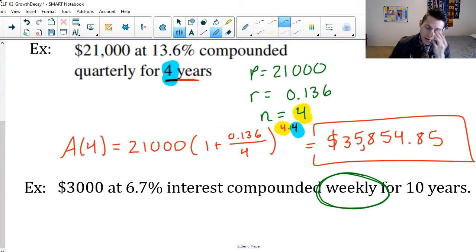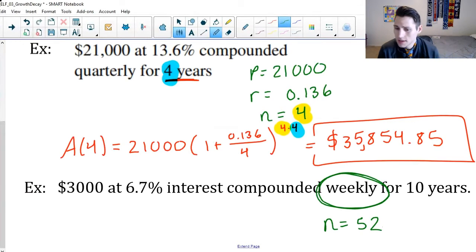I had a student earlier in the year guess 200, and that's pretty close. Yes, Aiden, exactly. Weekly is 52. All right, 52 weeks in a year, 365 days in a year. Okay, so just wanted to mention that.